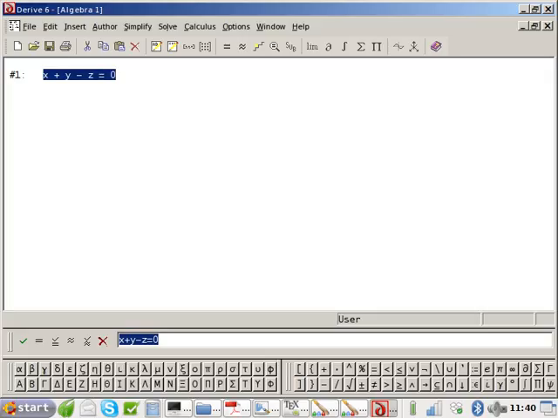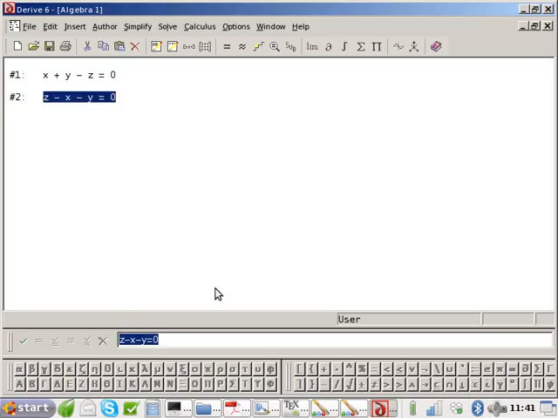Next equation? The second one is z minus y minus x equals 0. Wait, isn't the I1 x? Yeah. Then it's z minus x minus y equals 0. It's the same thing, really.